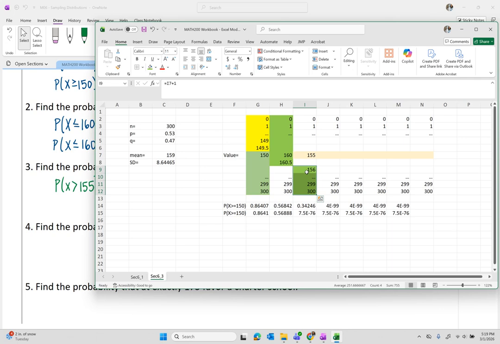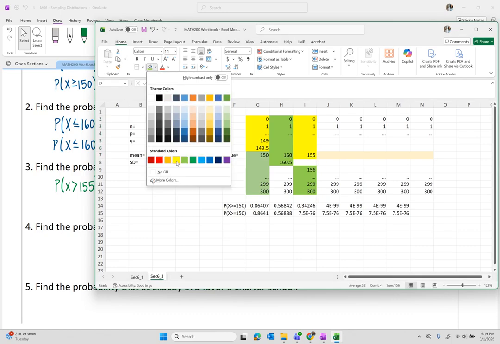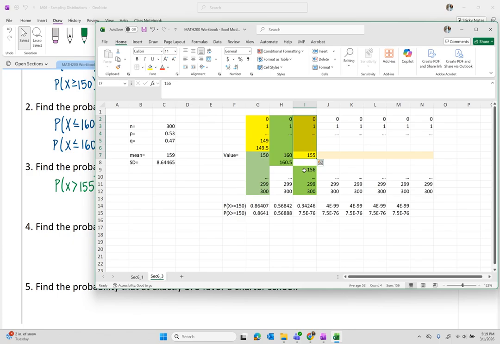And therefore, to find this in the binomial distribution, I will need to calculate the CDF from 0 to 155 and then subtract that from 1. So if I want to find the probability of 156, 157, 158 up to 300, I will need to find the probability from 0 to 155 and then subtract it from 1.